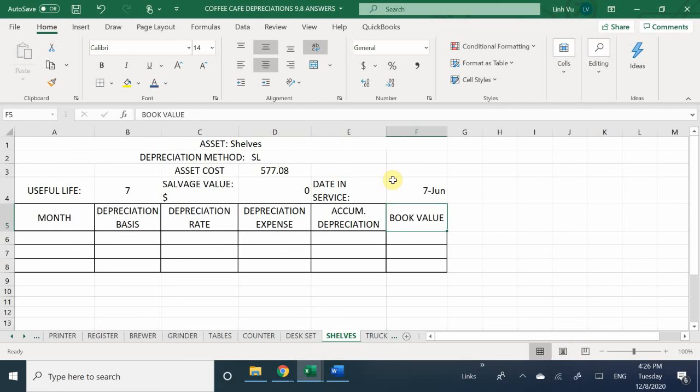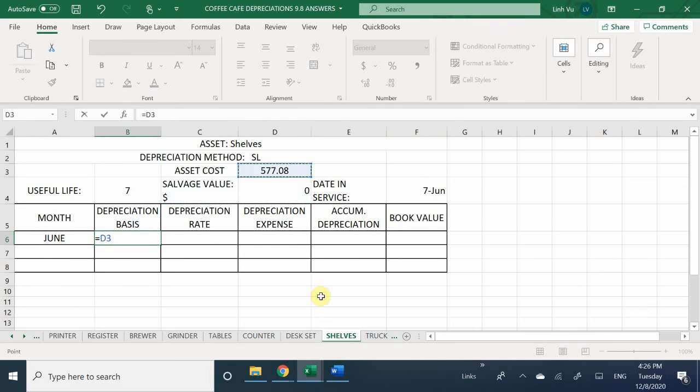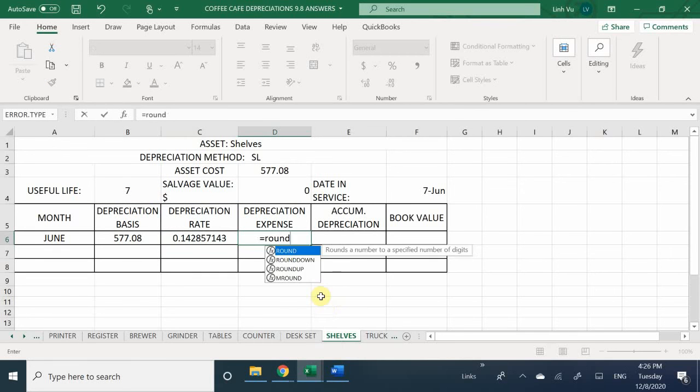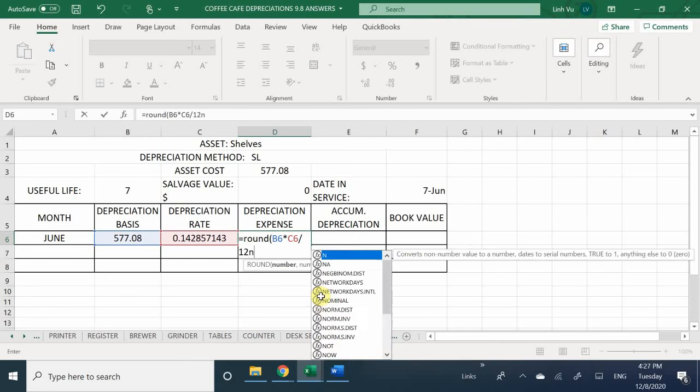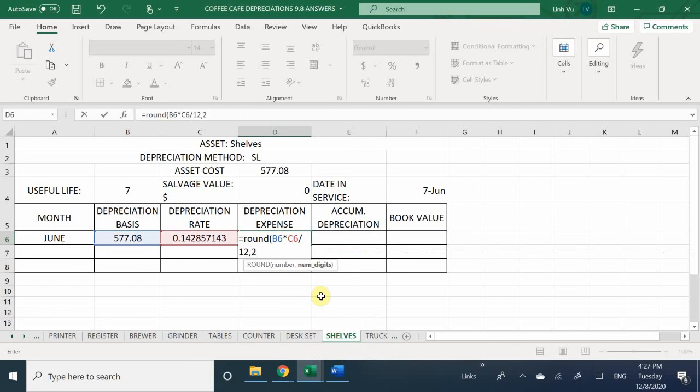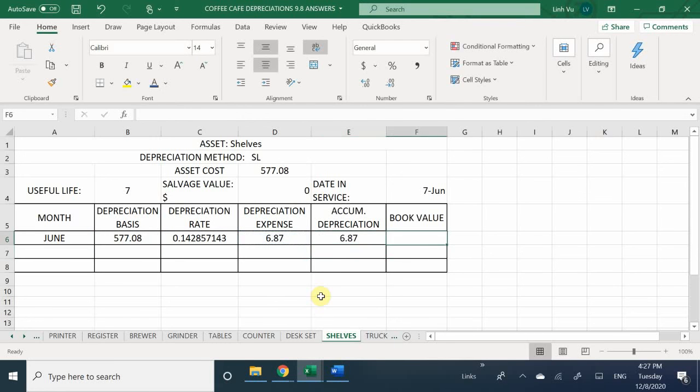June 7th. Depreciation expense is $6.87.